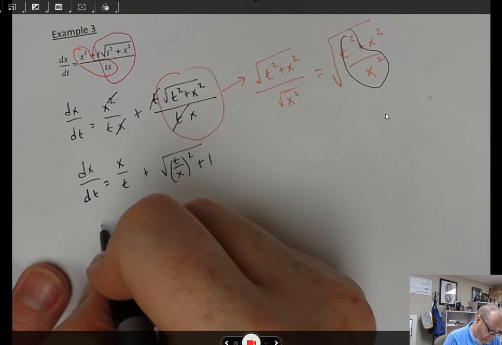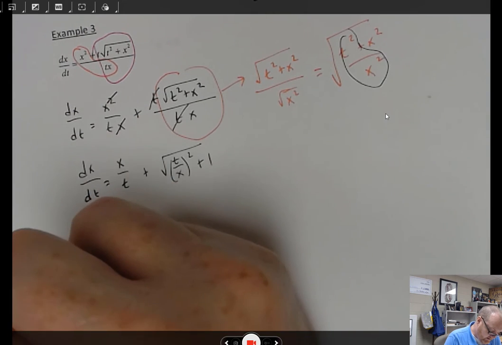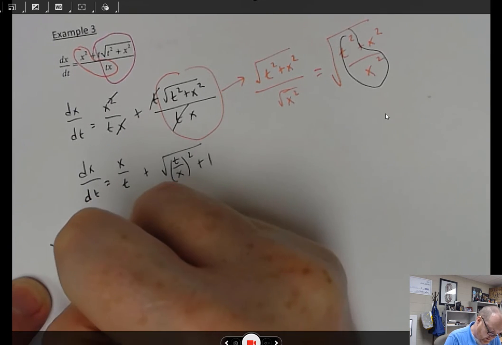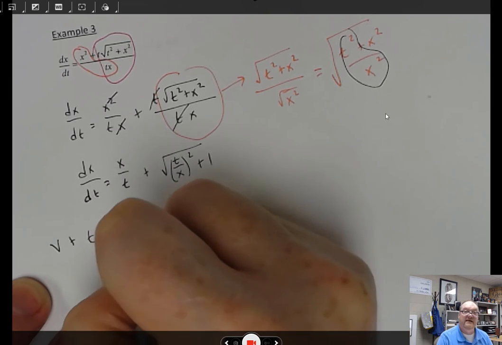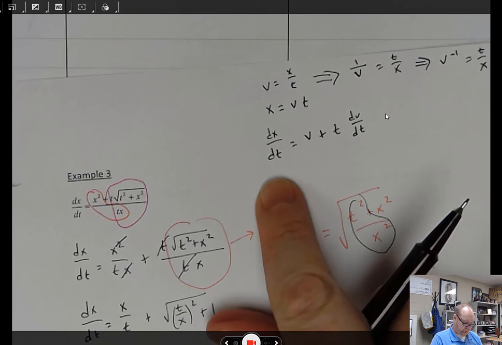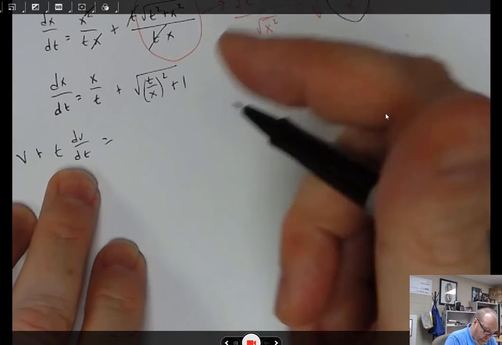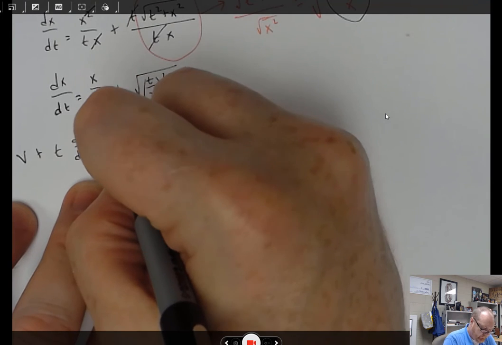So here we go. dx over dt is equal to v plus t dv/dt. That came from this portion. I have an x over t term, which is a v.